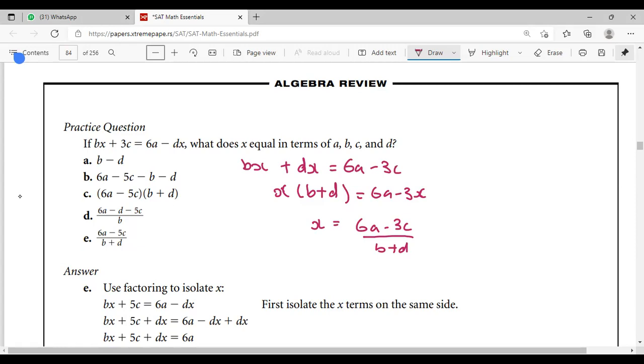This is 3c and they have taken 5c. This is the answer, or this is 3c basically, right?